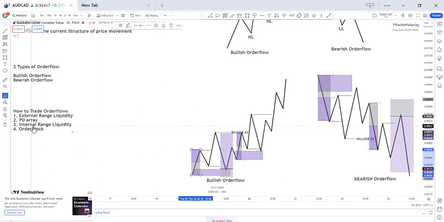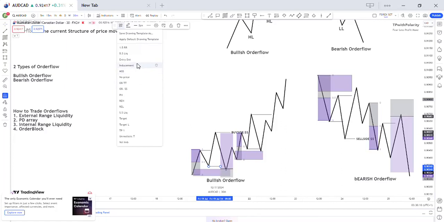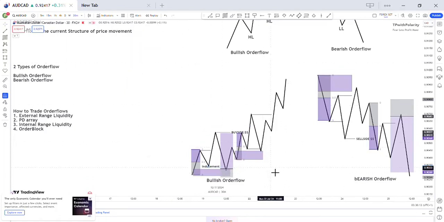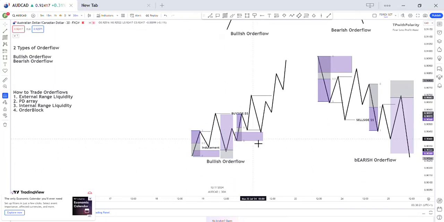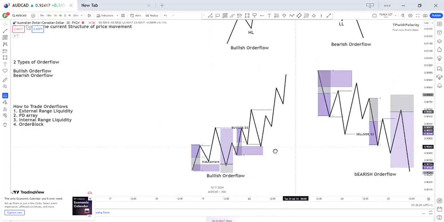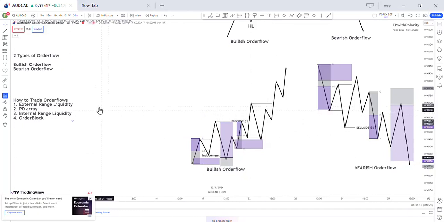The third thing is I want to be looking for the internal range liquidity. This is an internal range liquidity, might be my inducement, and an order block lying below that zone as my entry. Now I want to be targeting the next liquidity created. So the cycle continues for a bullish order flow.